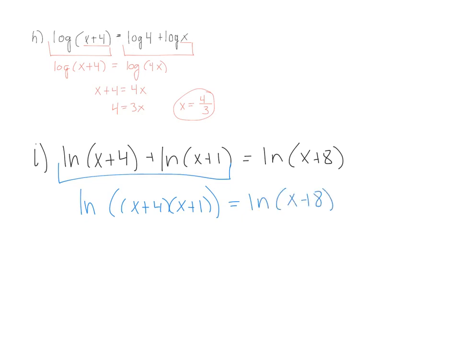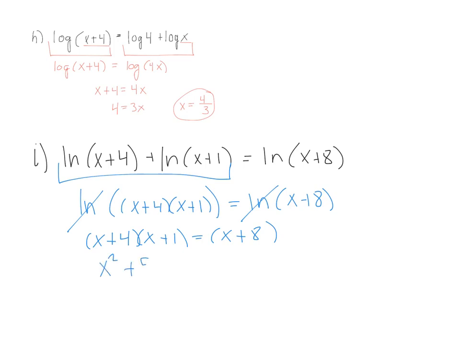And since both sides have the same logarithm with the same base, it's like you're canceling both sides out and you're left with (x plus 4) times (x plus 1) equals x plus 8. Now we need to solve this equation by foiling.